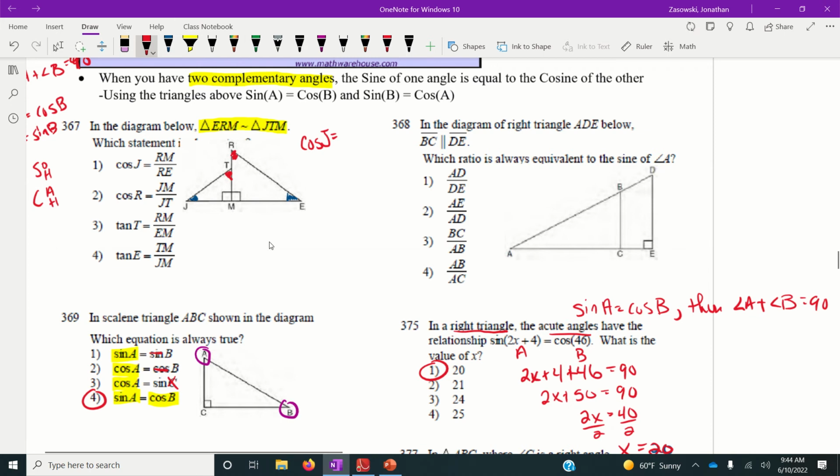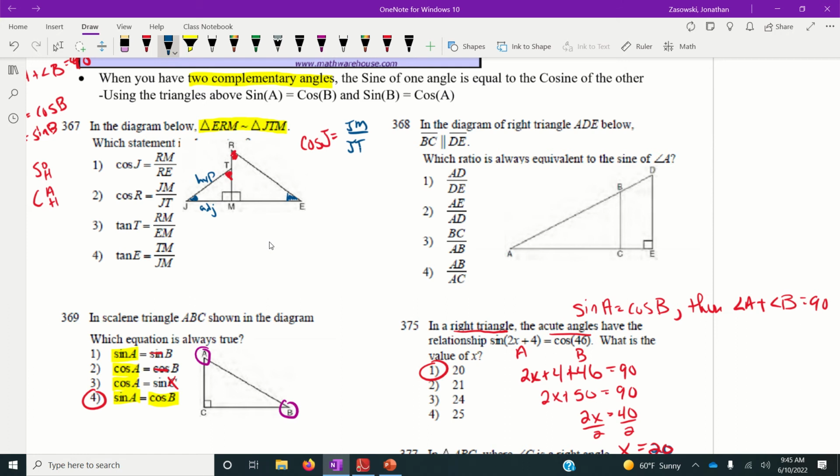So from J, the adjacent side would be JM over the hypotenuse, which is JT. And when we look, cosine of J, we don't see JM over JT.